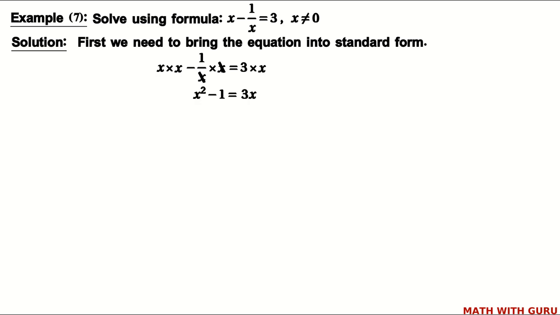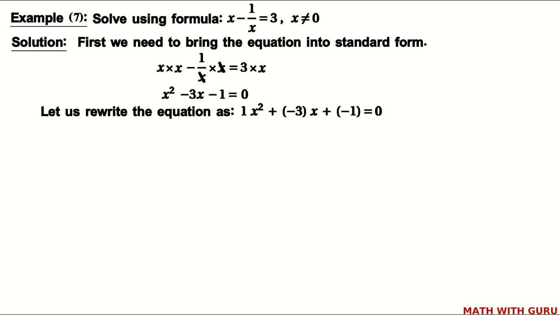Let us bring 3x to the left hand side. x squared minus 3x minus 1 equals 0. Let us rewrite the equation. 1x squared plus minus 3 into x plus minus 1 equals 0. a is 1, b is minus 3, c is minus 1.